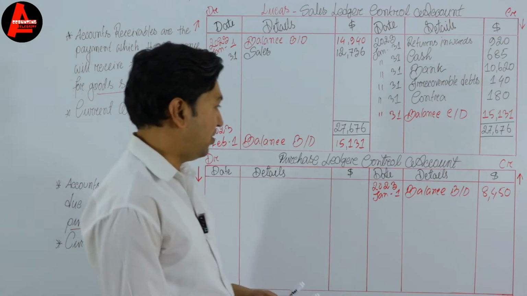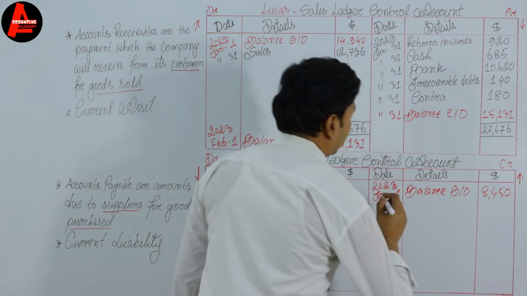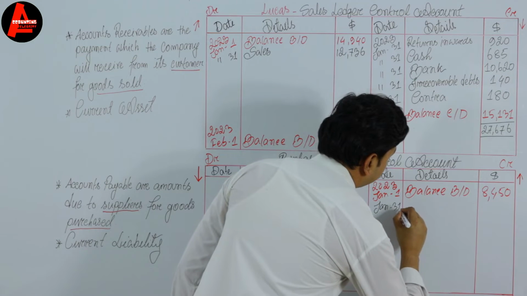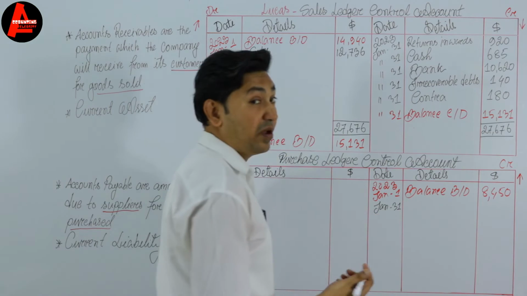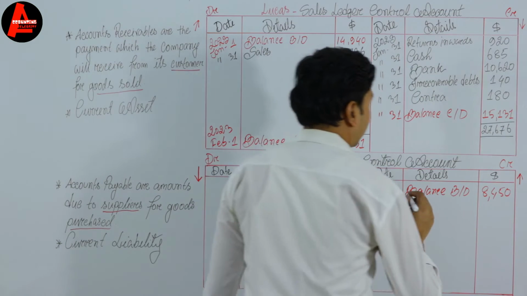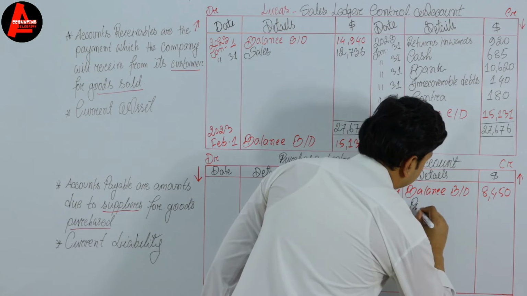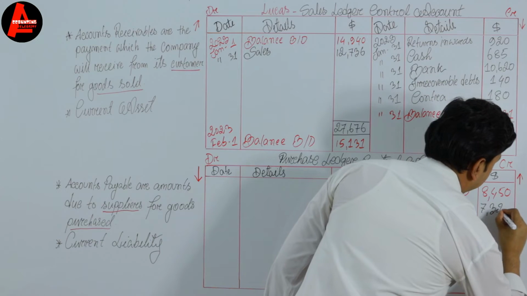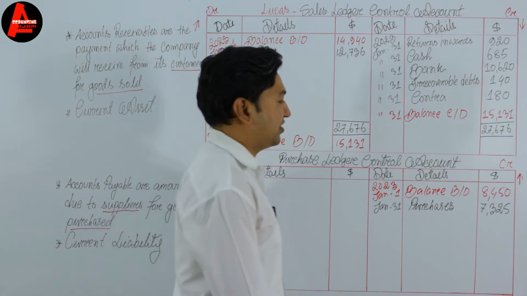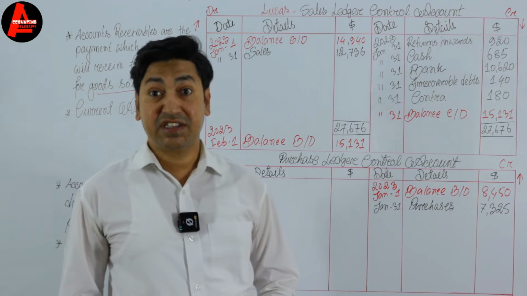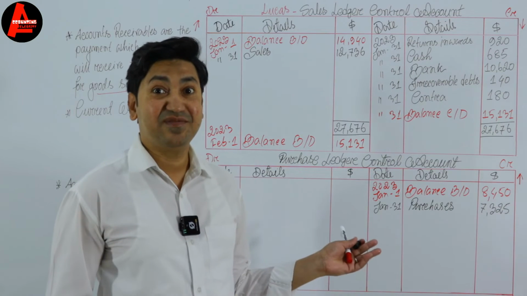So let us write the date first. 2023, it is January 31st, the last day of the month, we are preparing this control account. So here we will write purchases $7,325.